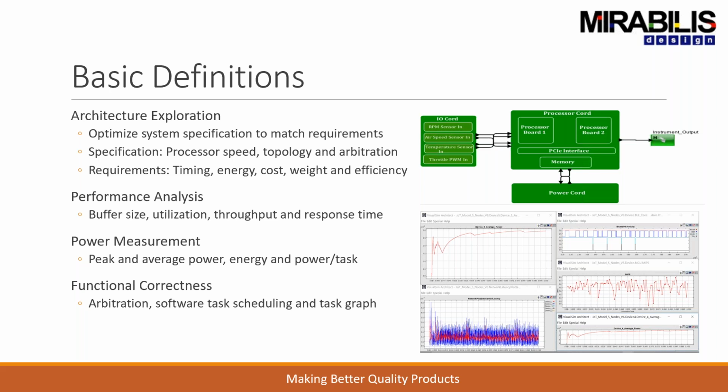Performance is more time related, so it can be sizing buffers, looking at end-to-end delays, what the effective throughput is, and also looking at the utilization or efficiency of usage of different resources.